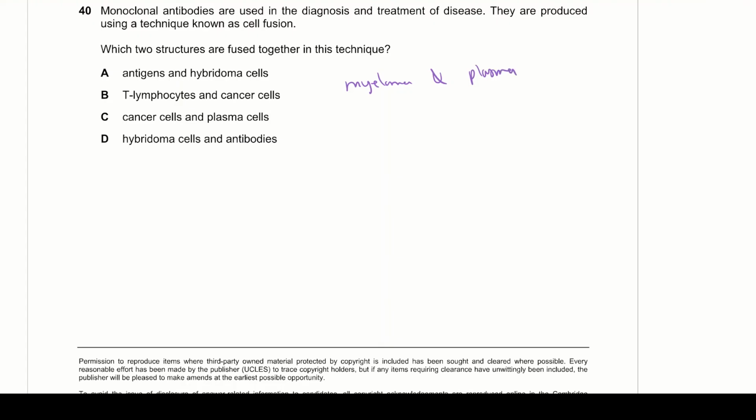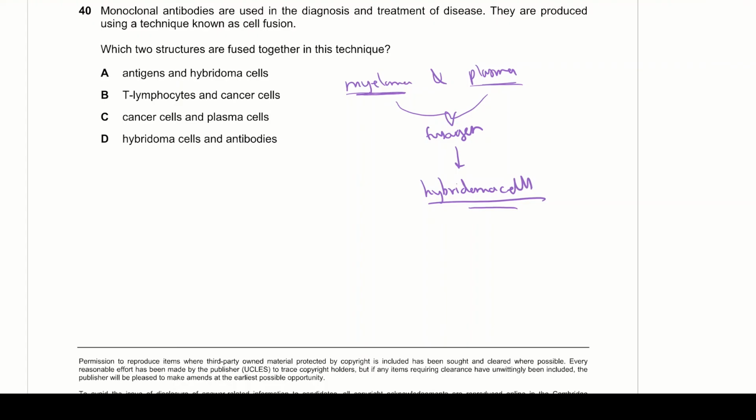The reason for this is plasma cells don't divide, and myeloma cells on their own do not release the antibodies. If they are combined together by a substance called a fusogen, they form hybridoma cells, which divide and secrete the required antibody.